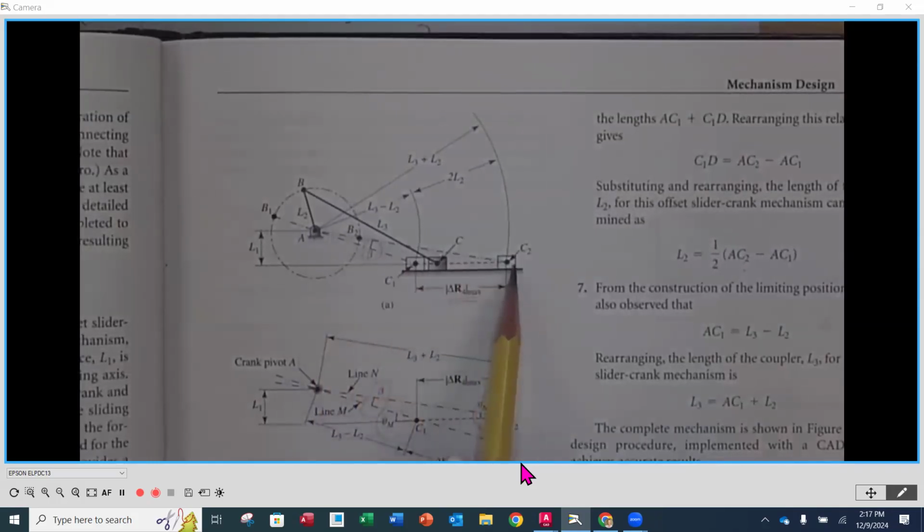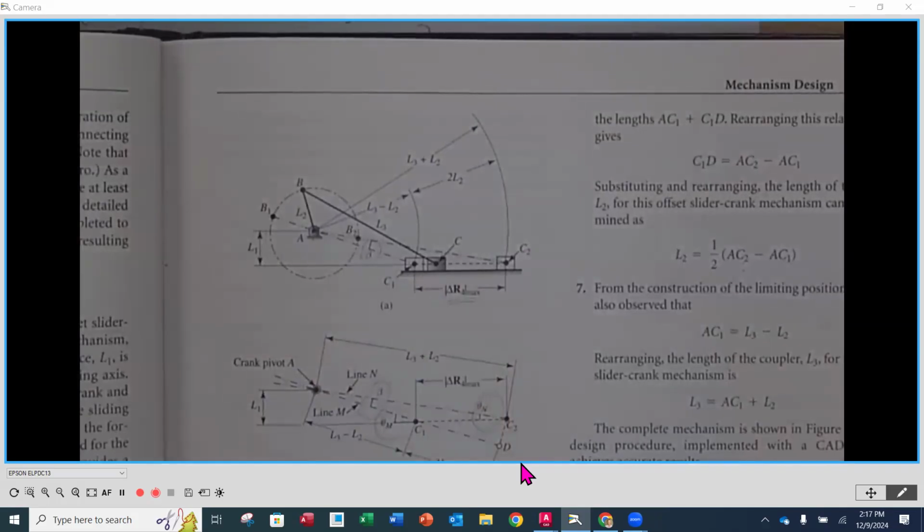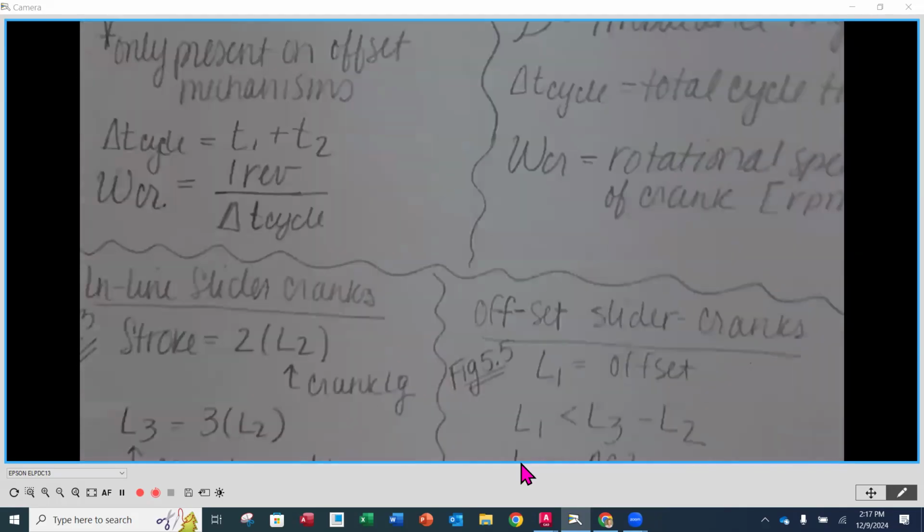So once we know this length, if we have this already dimensioned, and we will, then that'll give us the value that we need for L2, okay? So it's the length of the line from A all the way to C2, that length, like a line dimension. Okay. So that's how we're going to figure out the length of L2.